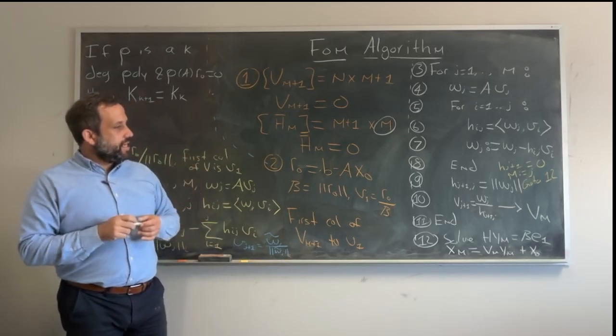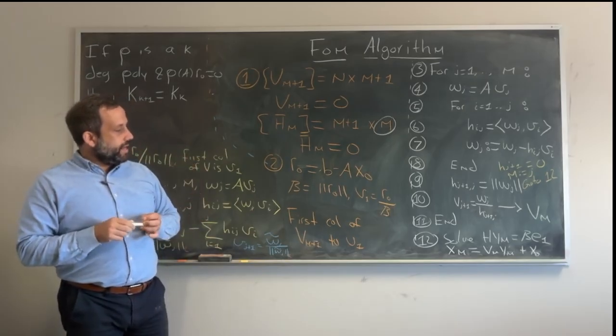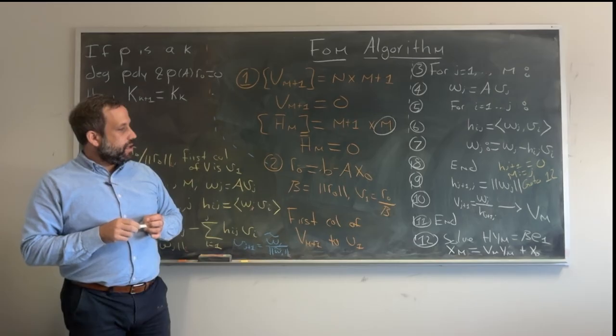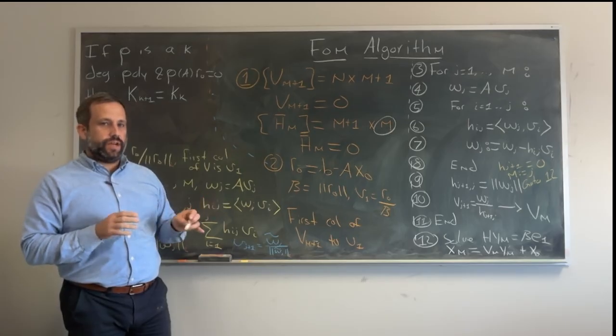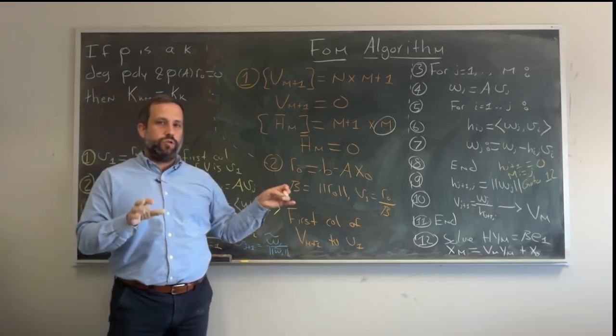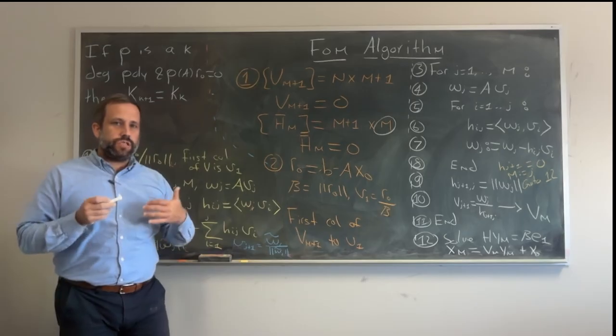But what we're going to see is when we get to other methods, and this is not so important for this method because it's not one of the primarily used methods, we're going to do something called restarting.